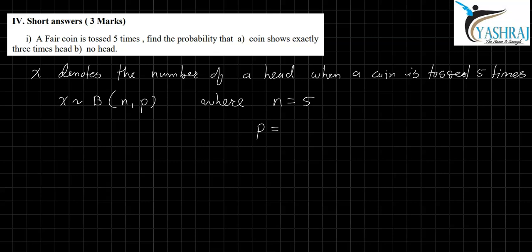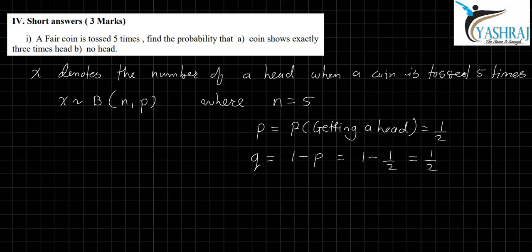So p is the probability of getting a head when a coin is tossed, which is a half, or 0.5. What is the value of q? Q is the probability of failure, 1 minus p, 1 minus half, which is again a half. So we have n equals 5, p equals half, and q equals half.